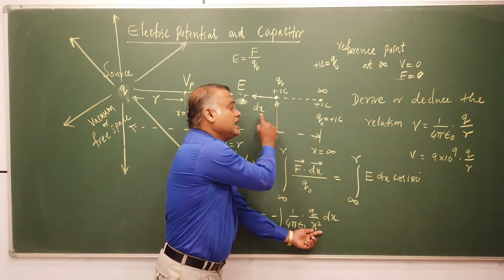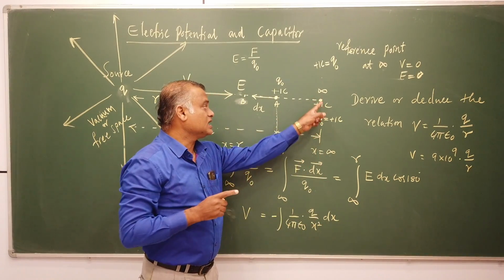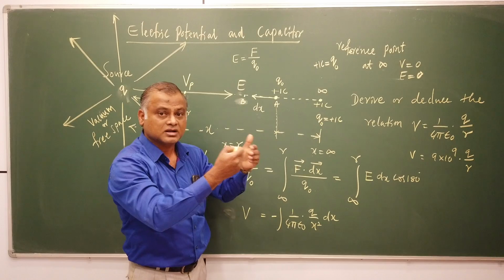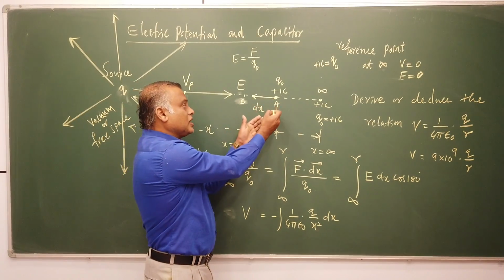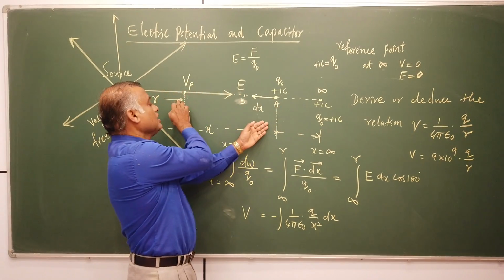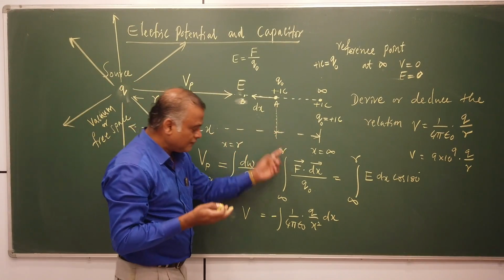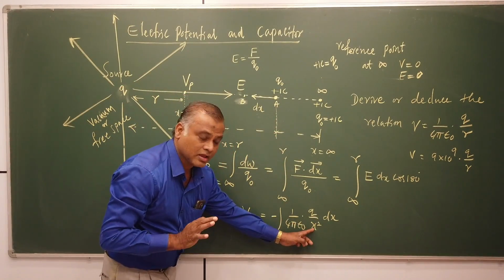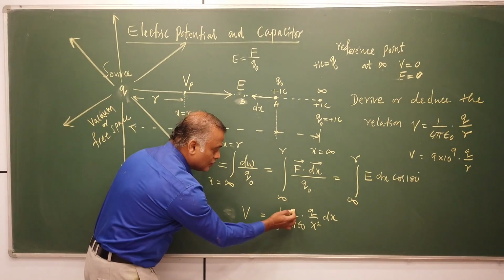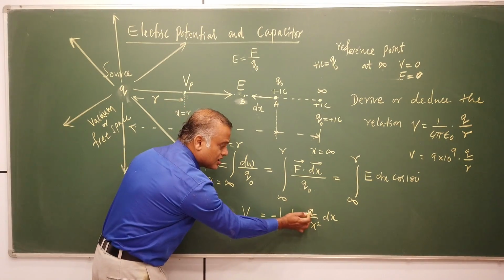Now it is being carried. The charged particle is not permanently at infinity; it is being moved to some point of consideration, and x has some value. Therefore, don't put x equal to infinity here. Now 1 by 4 pi epsilon naught and q are constant.